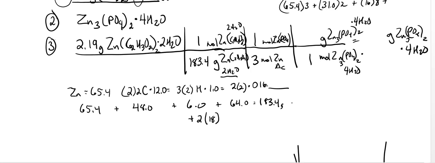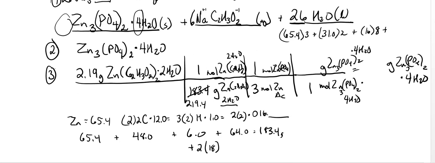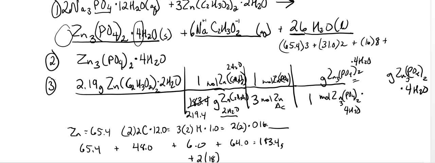Well, yeah, plus 183.4. So this is 219.4. Everyone figure out what the other one is. 18 times 4.